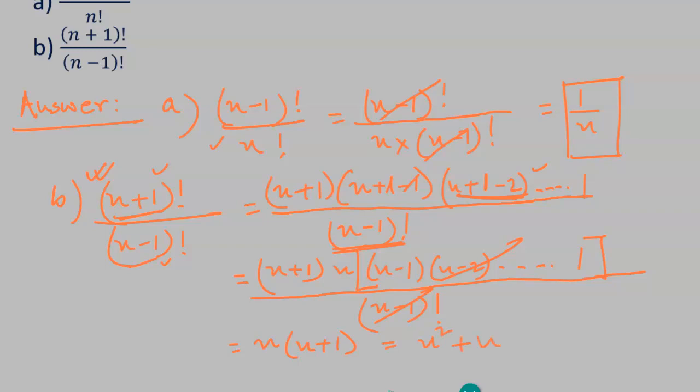Whatever you want, you can give the answer in either this form or this form. It is totally up to you. All these are the same. So this is the answer for the subpart B.